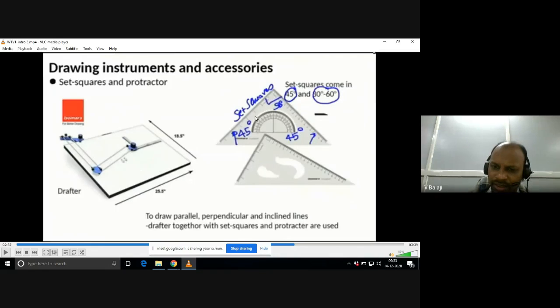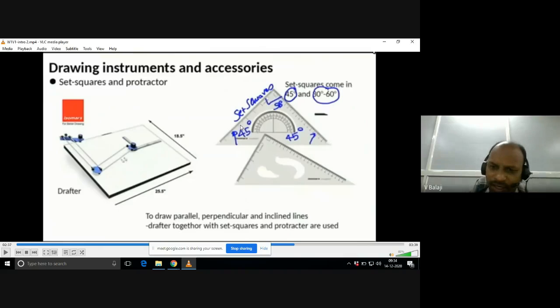Here you see the set square. Here the angle is 45, here it is 90 degrees, so we call it a 45-degree set square. Set squares come in different types. The 30-60 is also there. Here the angle is 30, here the angle is 60, here the angle is 90.